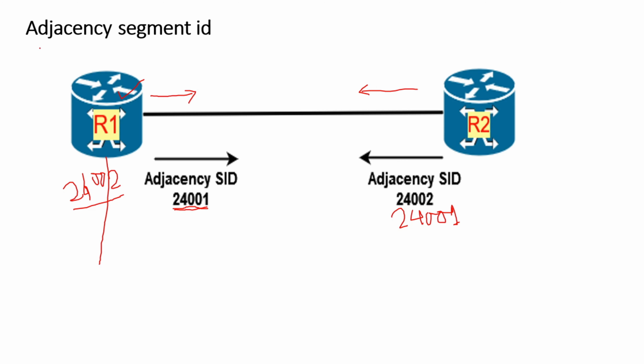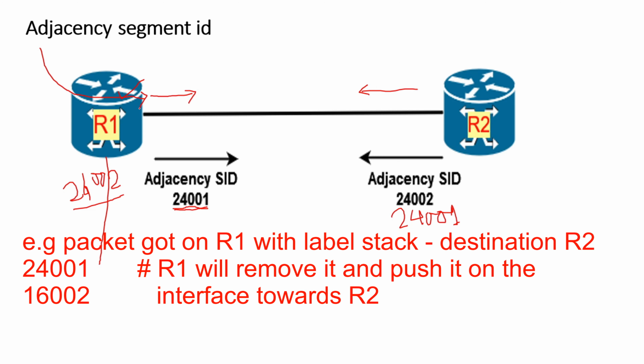When your packet hits R1, if the router needs to route this packet via this interface, besides the shortest path, then it will see that this particular label belongs to this particular interface. Based on that, it will forward on this interface.